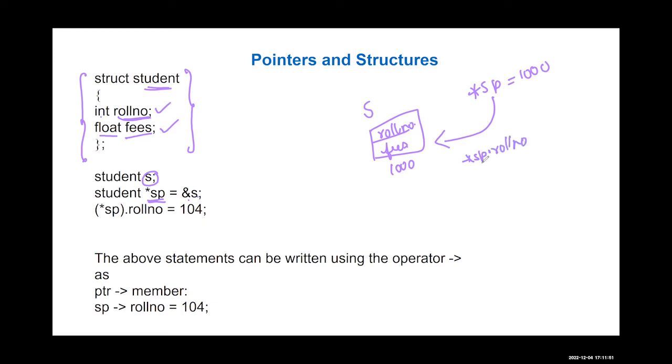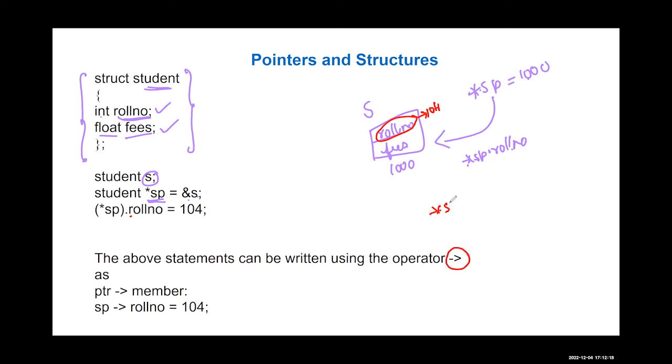When I say, we know that star sp means nothing but the content of the address. The content of the address 1000 dot roll number, when I say, the compiler is going to access this part, and I am changing it to 104. So this is how I am going to access. So instead of this, usually we will use the arrow operator.